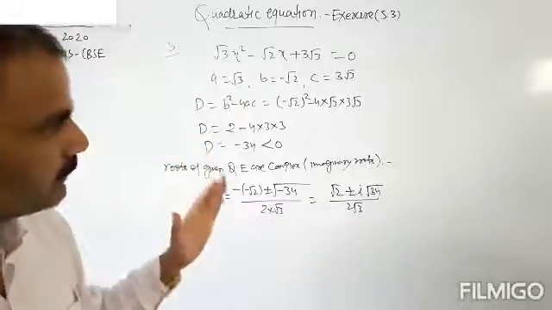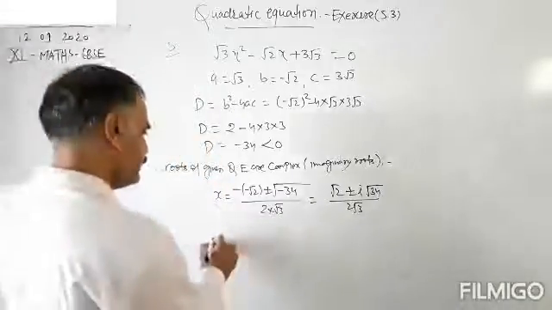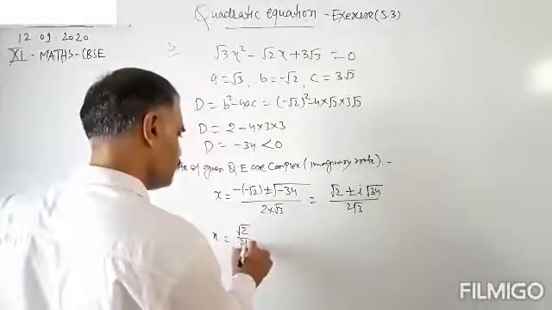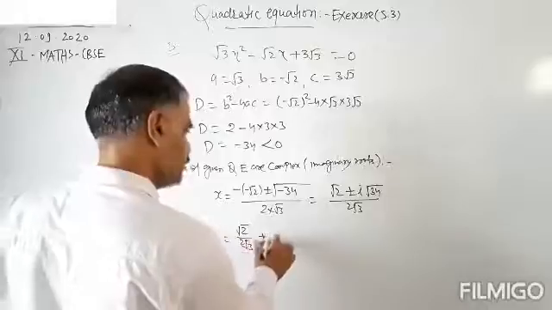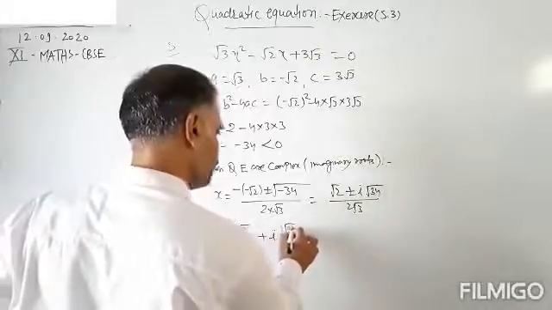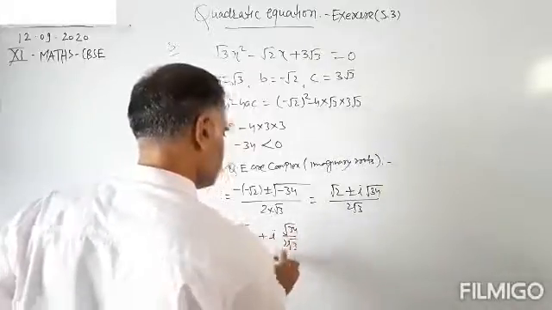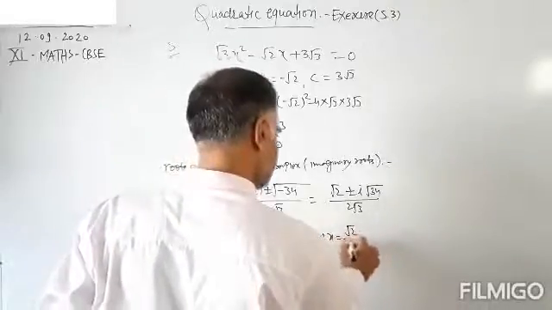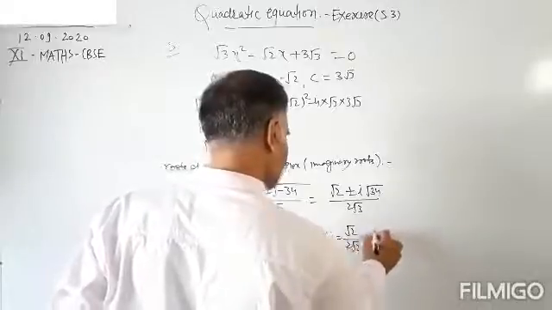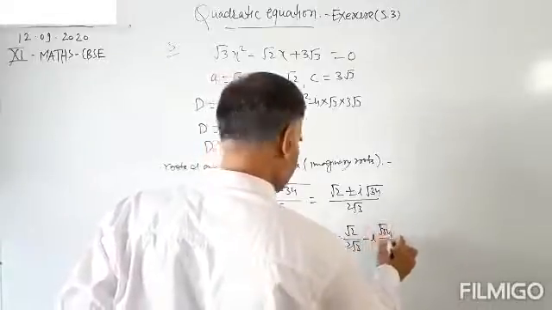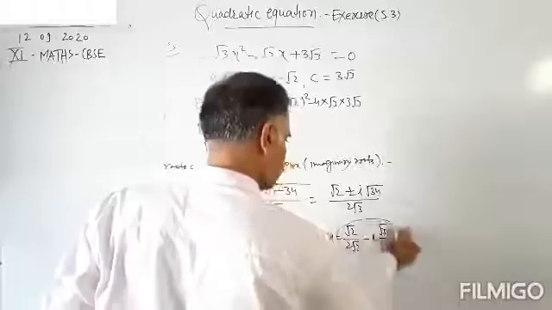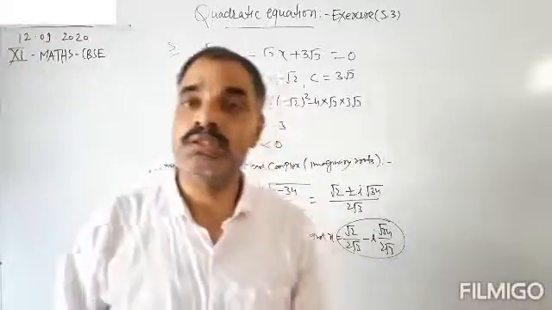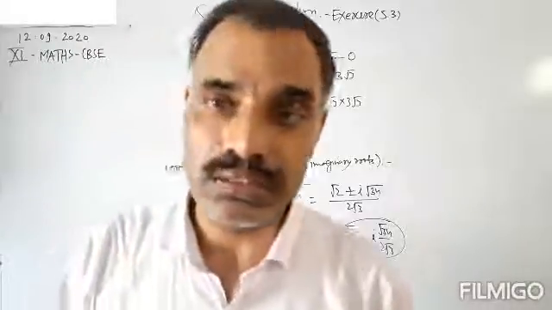Or you can simply put the answer as x = √2 upon 2√3 + i√34 upon 2√3, or x = √2 upon 2√3 − i√34 upon 2√3. So these are the complex roots of the given quadratic equation.